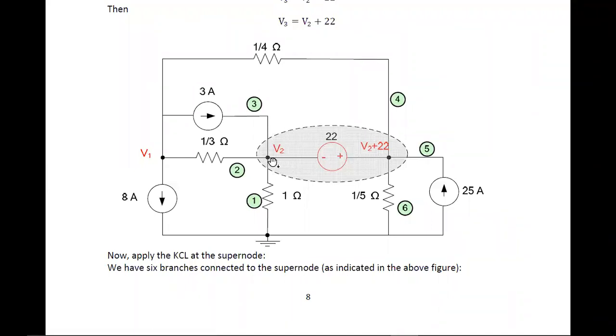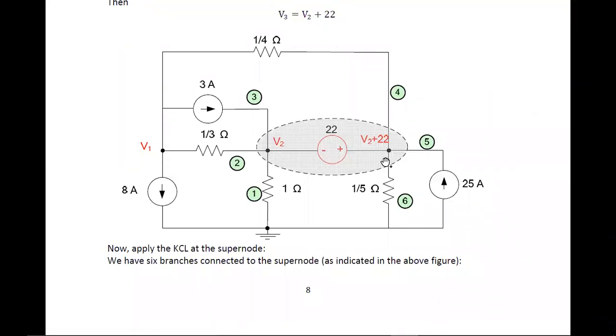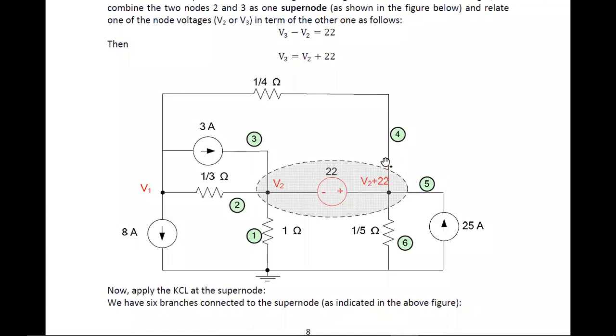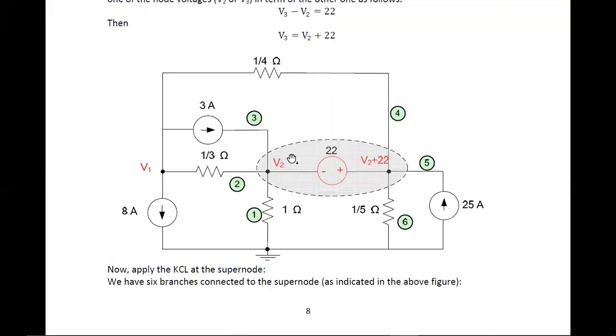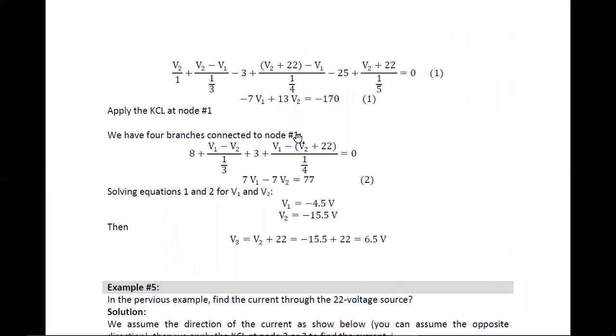Then V2, minus, wait, V2 plus 22. Then I am adding one more, applying KCL at node 1.